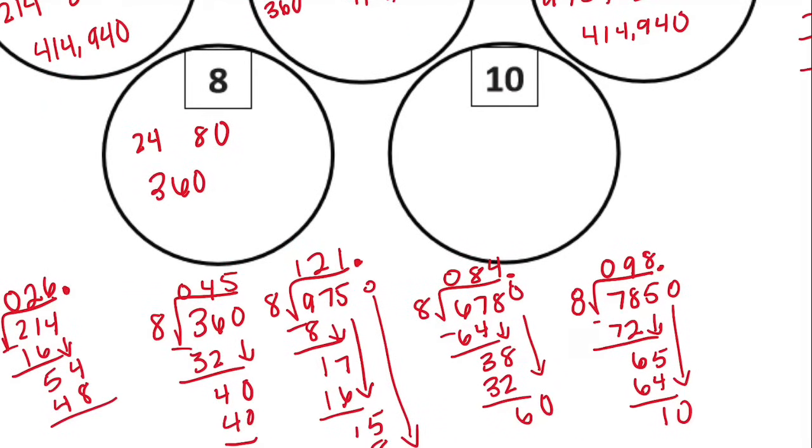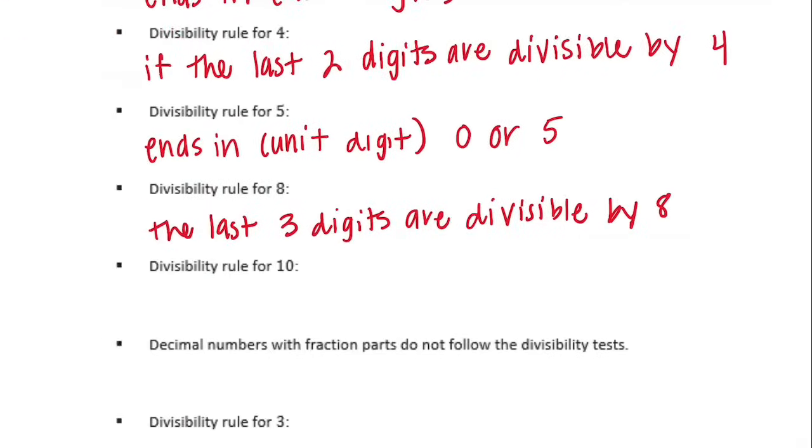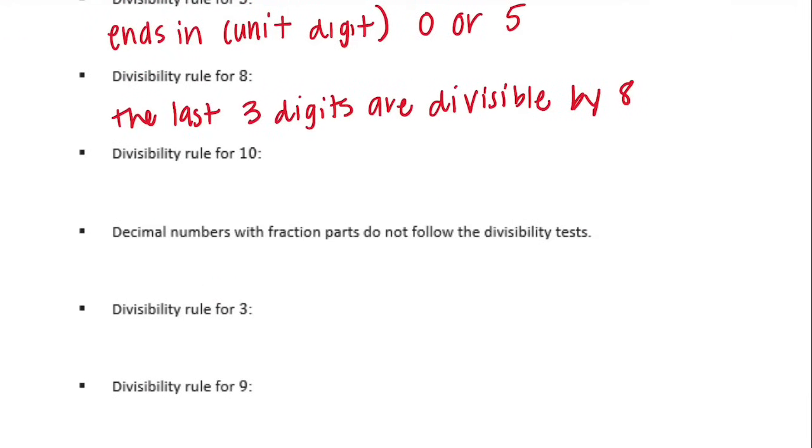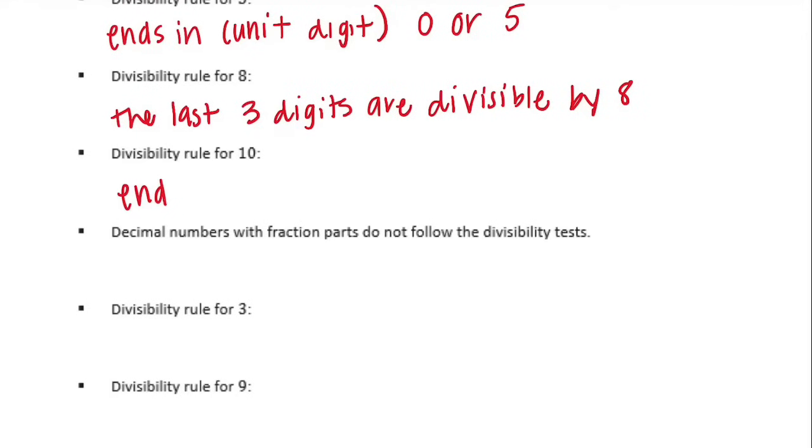And then my favorite one, 10. So the divisibility rule for 10 is if the unit digit is 0, so it just has to end in 0. Or if we want to be more technical, we can say unit digit is 0.